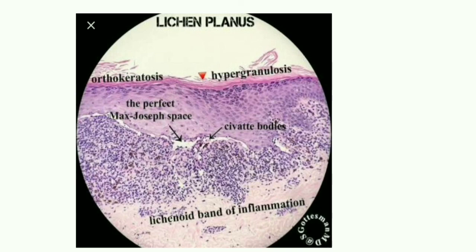Now specific about the rete ridges. Rete ridges will be pointed at the lower end and they will have a sawtooth appearance. Now in the dermo-epidermal junction you can see Max Joseph spaces. And also a band of lymphocytes you can see at the dermo-epidermal junction.